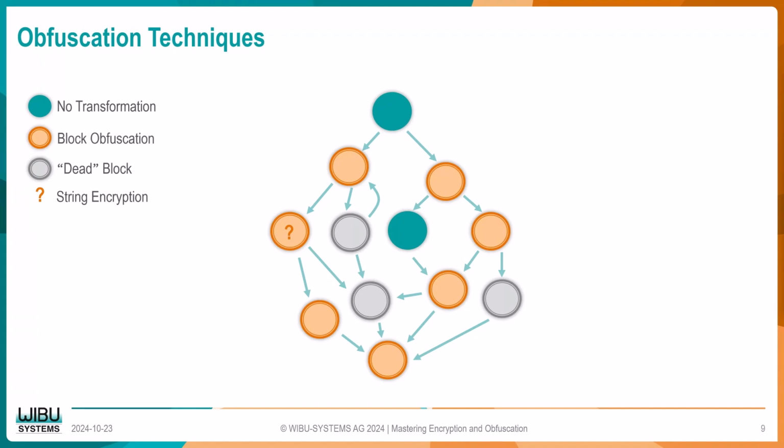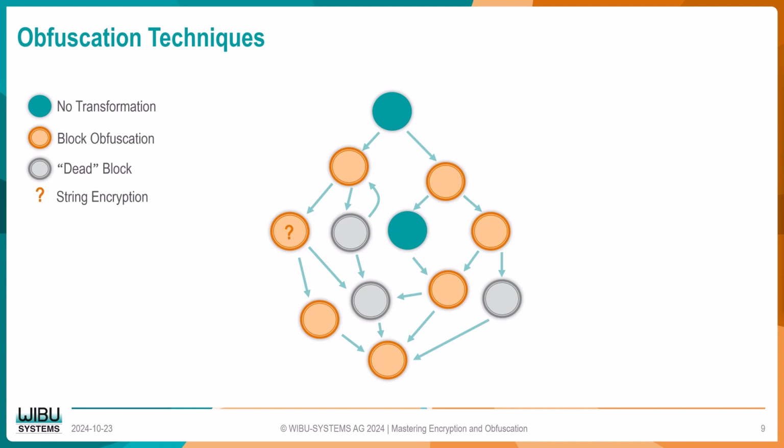They are only there to increase the complexity of the control flow. And the connections to these balls, especially to these dead blocks, are done by opaque predicates. These are predicates which always evaluate to a predefined value, but this is not really visible from the program code. This is something which an attacker has to analyze over time. And we also see that the text, which was previously plain, is now marked here as a question mark, which means that this text or this data is encrypted.